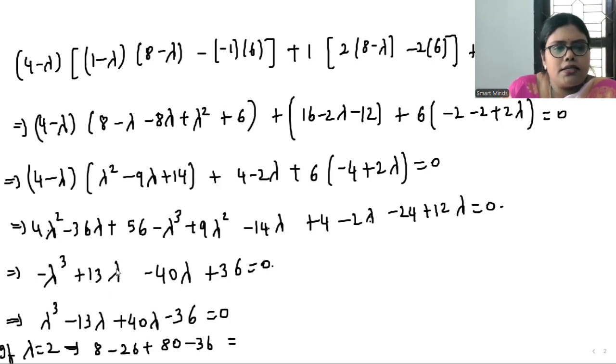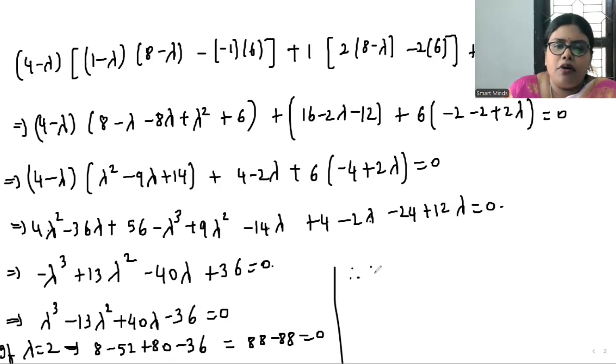This is lambda square, so if I put lambda is equal to 2, this will become 4. 2 square is 4 and 4 into 13 is 52. So 8 minus 52 plus 80 minus 36, that is 88 minus 88 is 0. What does it mean? Therefore, lambda is equal to 2 is a root. So you got one root.